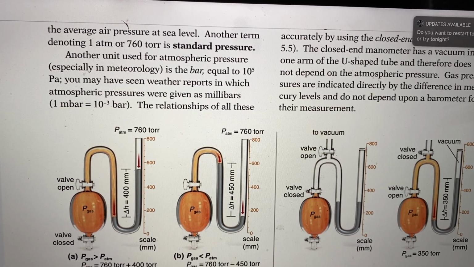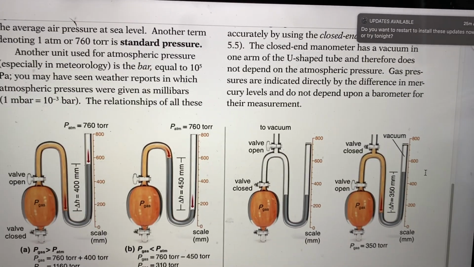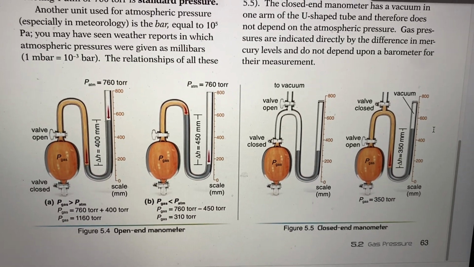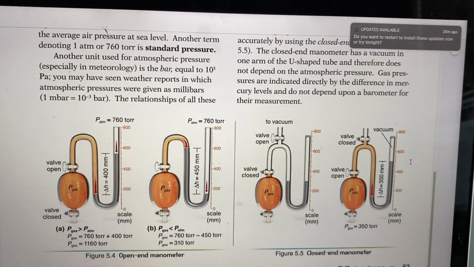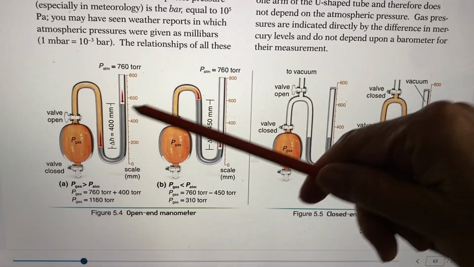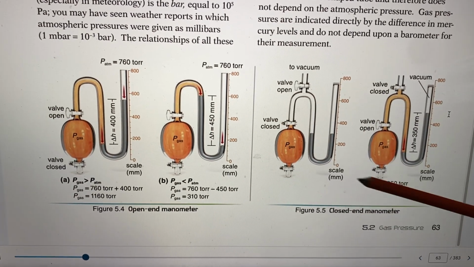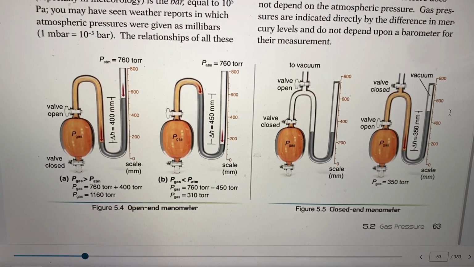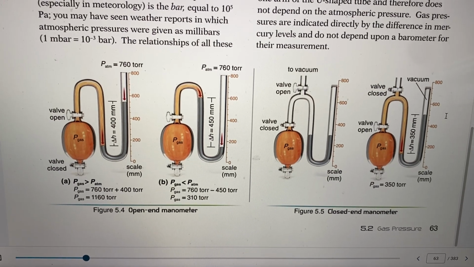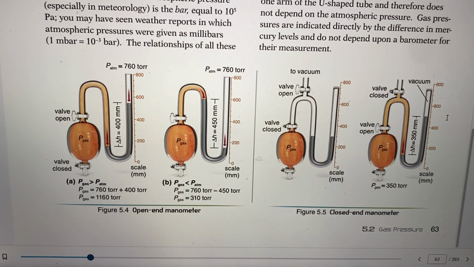There are 2 different kinds. Here's a picture of them, hopefully you can see this well. There's the open-ended manometer, and then this one is the closed end. So how do we use these things? Probably sometime I'm going to be able to use them.